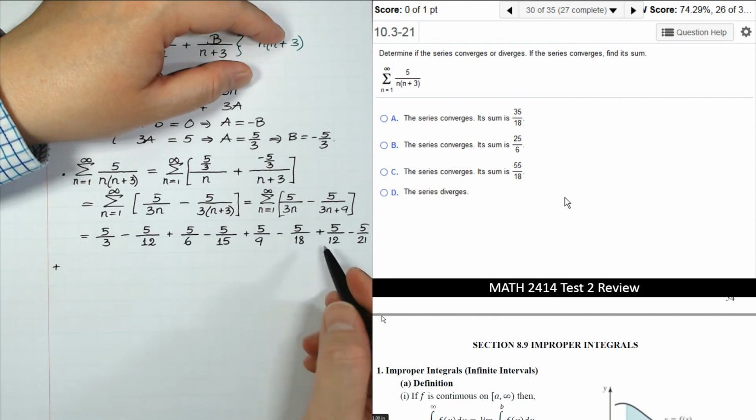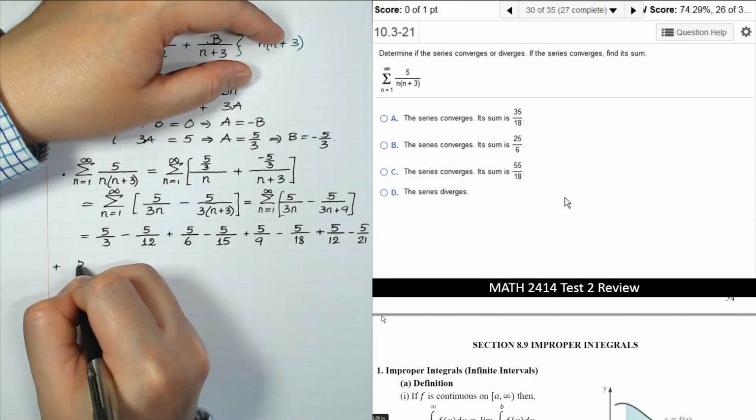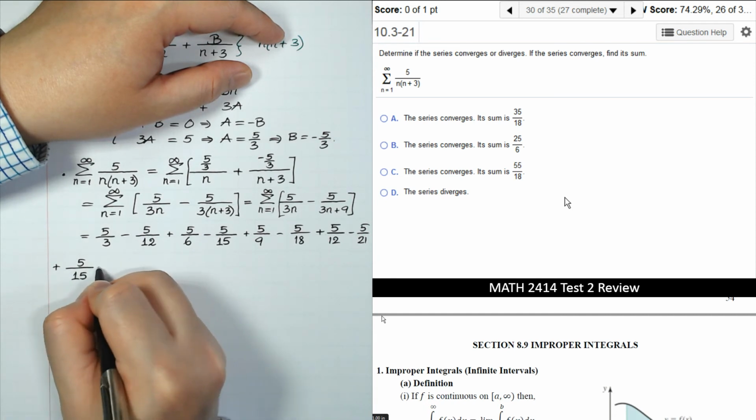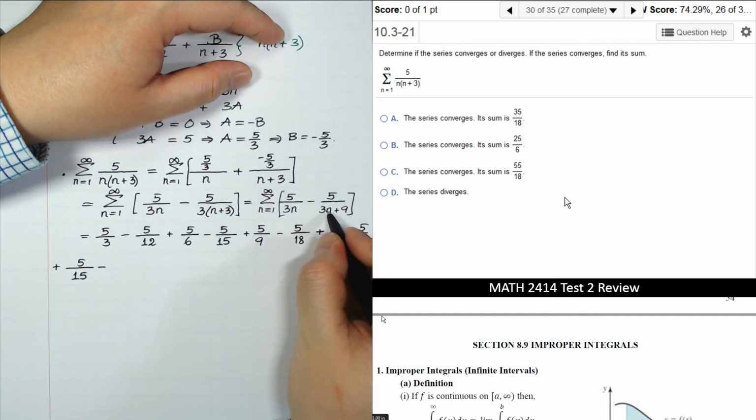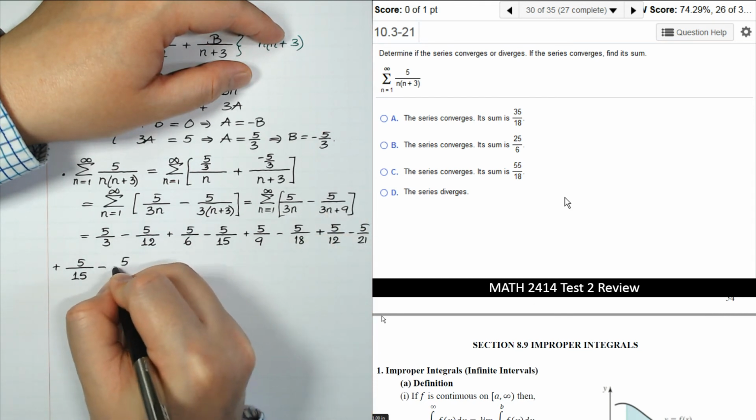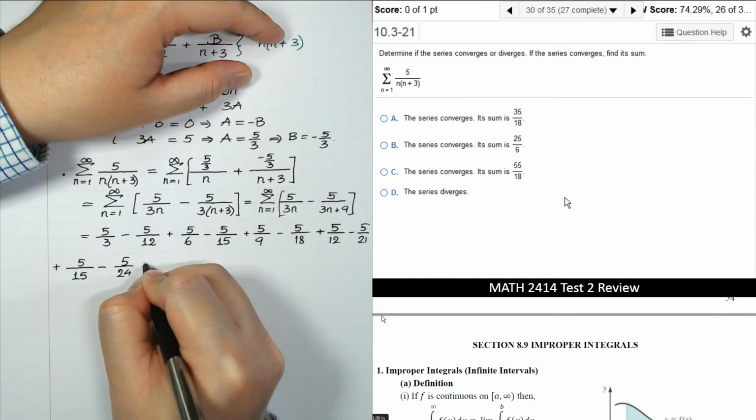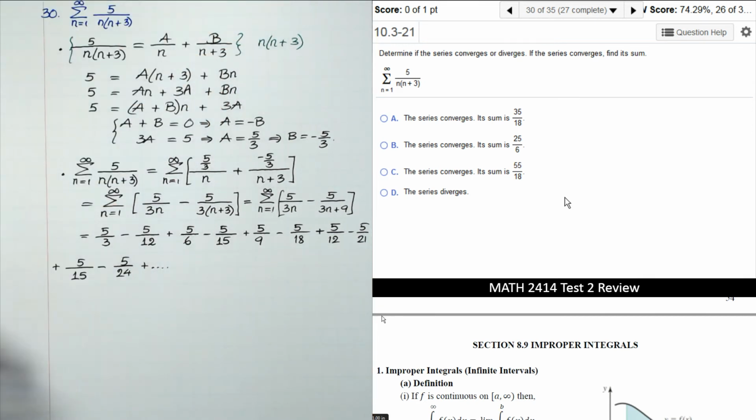Where are we? 4, right? Now put 5 in for n. Uh, 15 and 9, 24. I'm not going to do that anymore. Is there anything to simplify? Oh, okay.